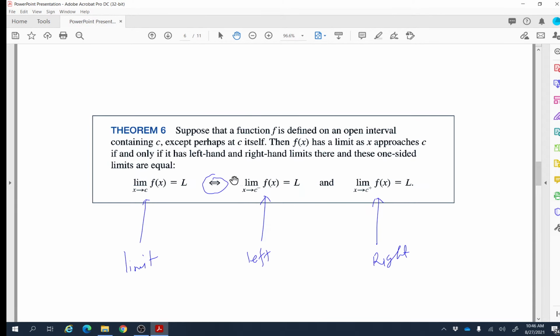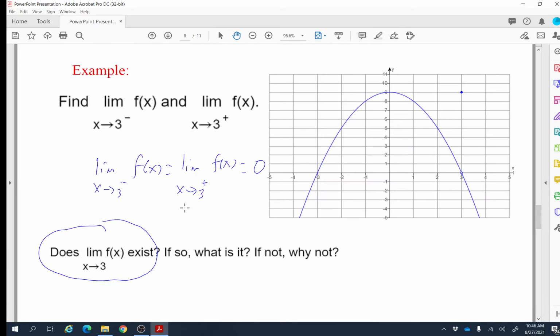So based on this theorem we can say that because they are same, the limit of the function should be the same. So does the limit of the function exist? Yes, it does. And why? Because the left hand limit and right hand limit exist and both of them equal 0. Okay, then what is the limit? The limit itself is 0.